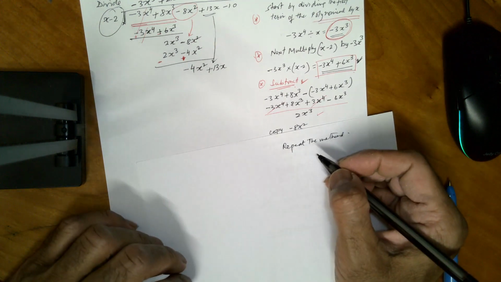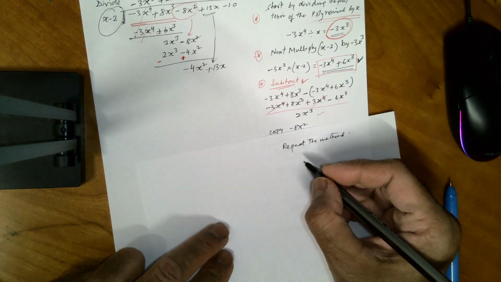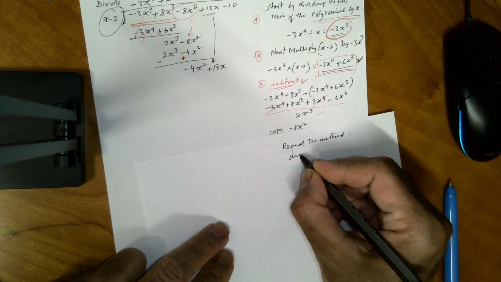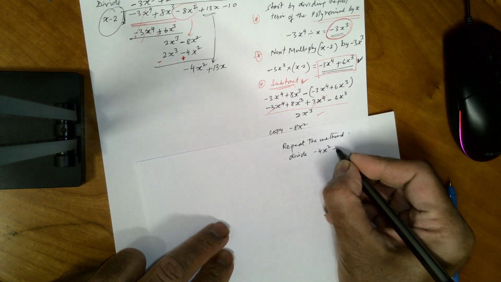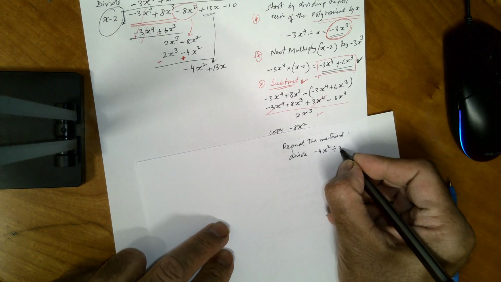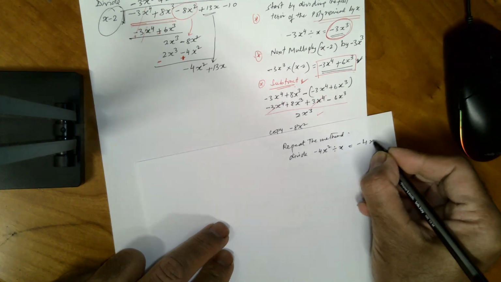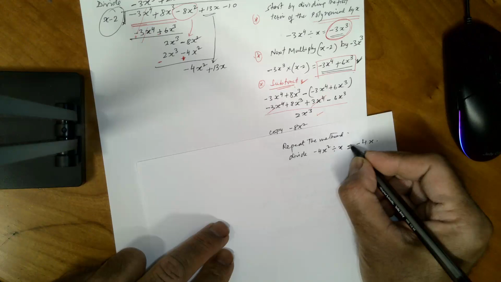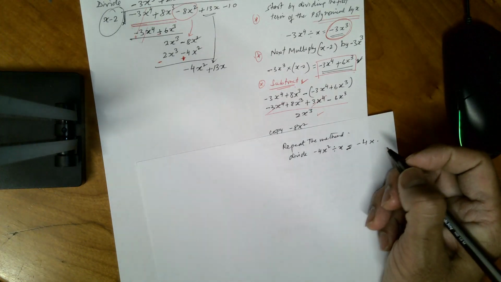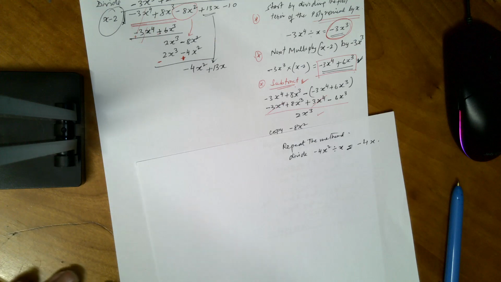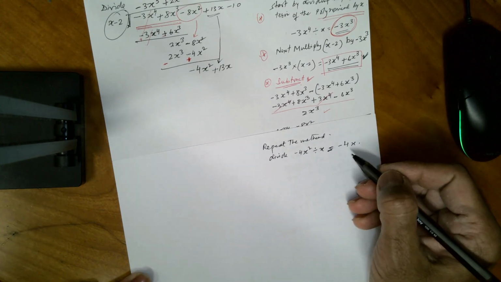So what you're doing this time, you divide again. You have here minus 4x squared, so divide minus 4x squared with x. And this time you will get minus 4x.